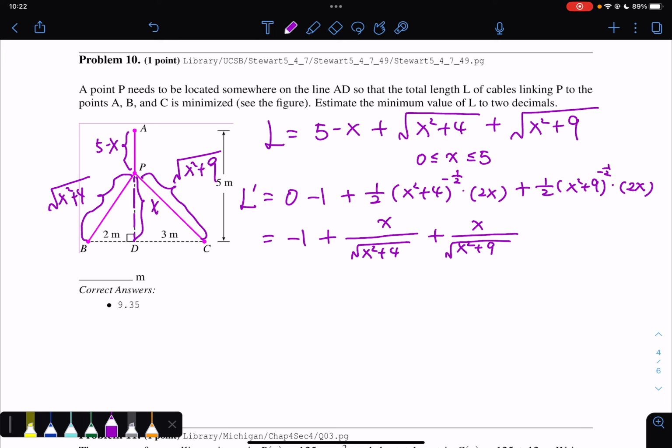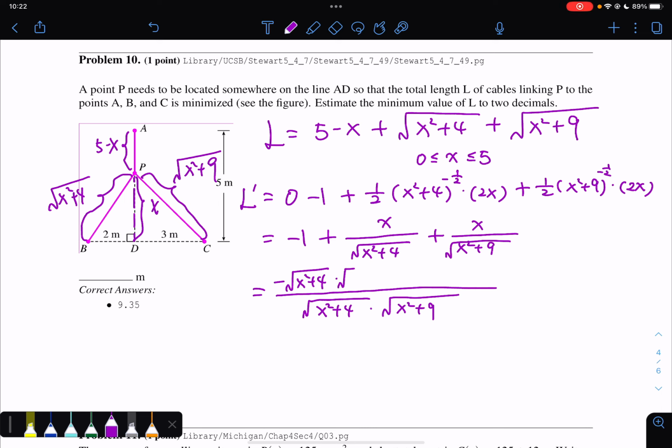Well, in order to find out when this term is exactly 0, I need to find my common denominator and put everything together. So, okay, not going to be very pretty. So square root of x squared plus 4, times square root of x squared plus 9. So I have minus square root of x squared plus 4 times square root of x squared plus 9, plus x times square root of x squared plus 9, plus x times square root of x squared plus 4.